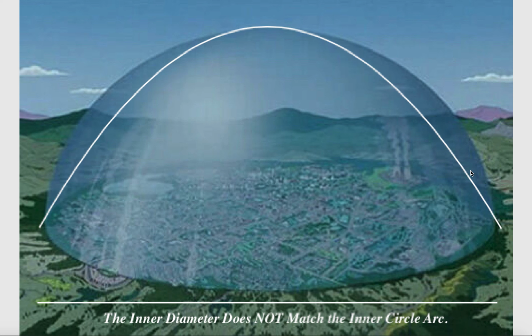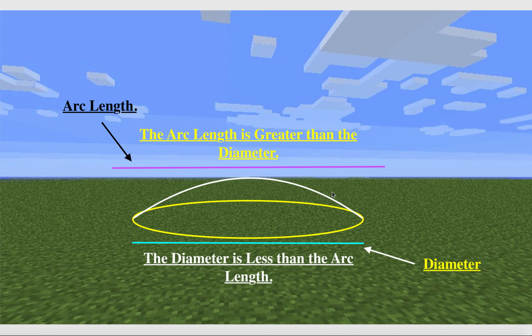It doesn't have to. So the inner diameter does not match the inner circle arc, right? So the diameter of any arc, any part of the arc, the diameter of that will always be shorter. So I'll just show here. So here we have a white arc going from point to point on a yellow circle, right?